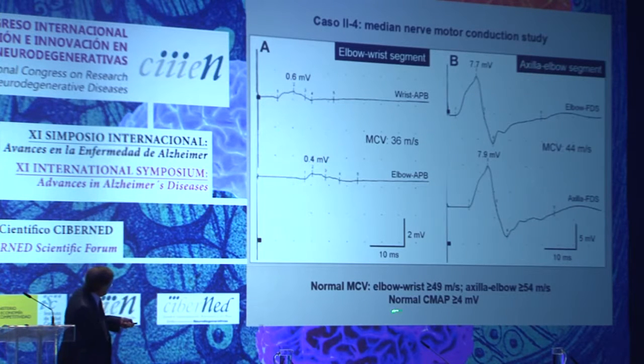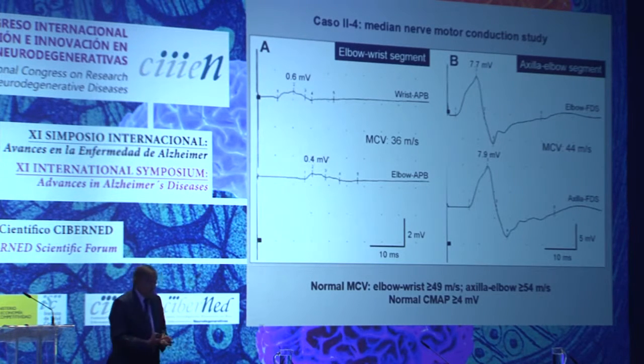In normal condition it is greater than 4 millivolts, and here it is 0.6, 0.4 millivolts. This is an indication of loss of large myelinated fibers, and motor conduction velocity is 36 meters per second. And one may wonder whether this reduction could be accounted for by reduction of large myelinated fibers.